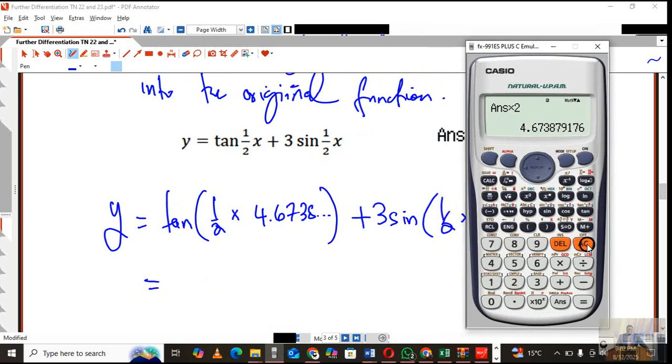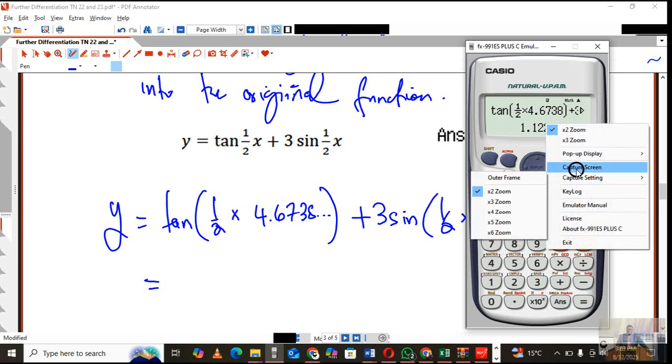So let's just say tan, which should be in radian mode, of half of, let's say we take 4.6738, which should be enough, plus 3 sine of a half of 4.6738. Hit enter, you get 1.122.